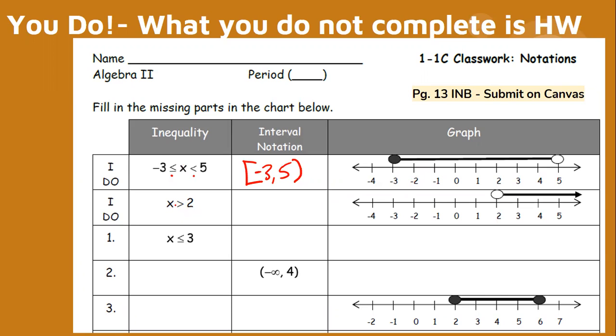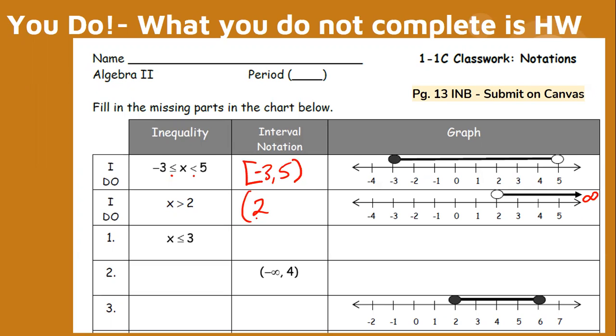So here we have x is greater than 2, right? And so when I graph that, I'm starting at 2, and numbers that are greater than 2 are to the right. So I go to the right. As I'm heading to the right, that means I'm heading towards positive infinity. So when I write my interval, I start at 2 and it has a parenthesis.